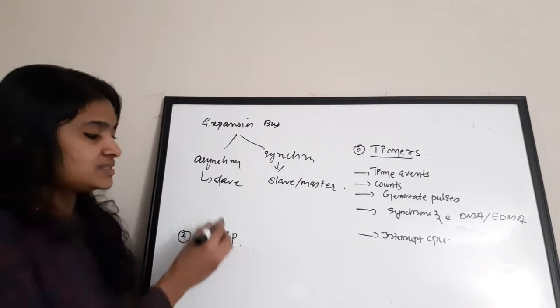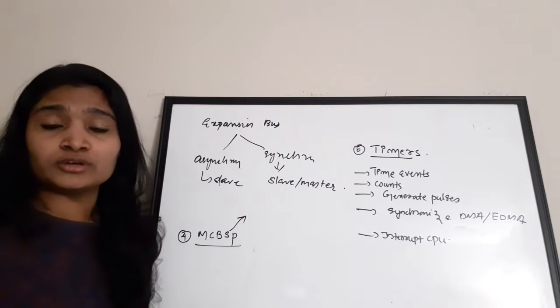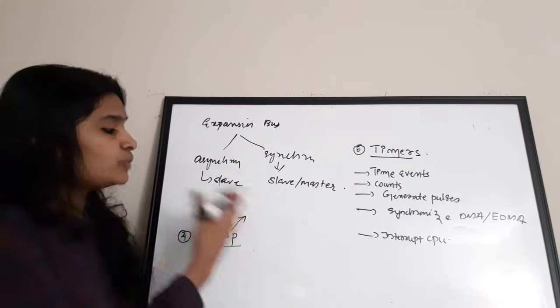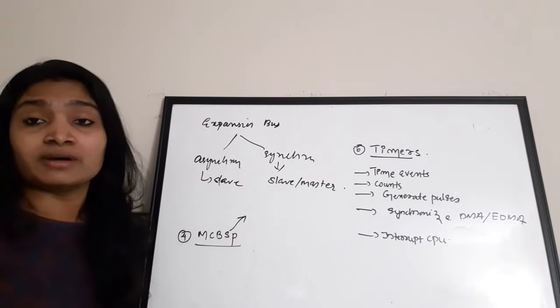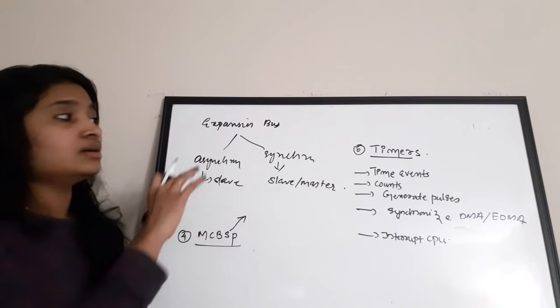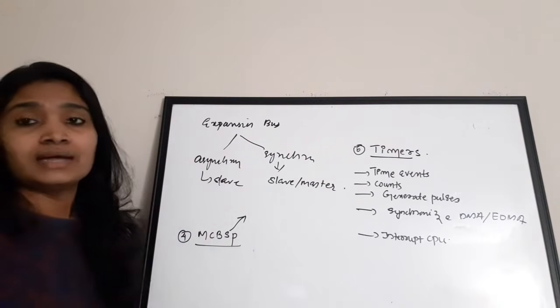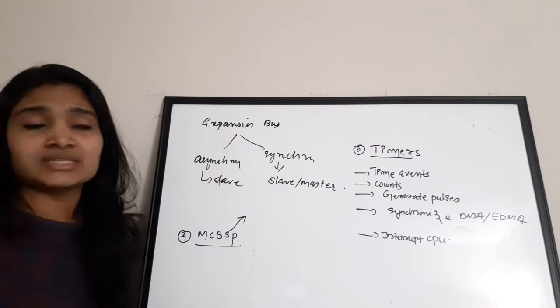Since it is multi-channel, a lot of network protocols or algorithms can be applied to it. So you should mention all these peripherals and serial ports. This is all about the ports and the peripherals.